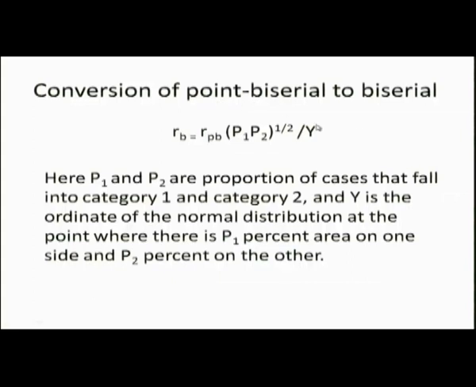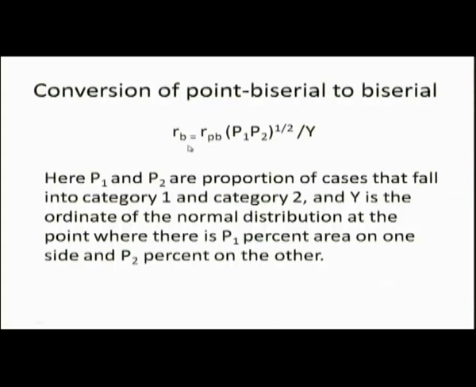Conversion of point biserial to biserial is done by this formula. First you calculate point biserial. In point biserial, as I said, there is a dummy 0, 1 or 1, 2 or 4, 5, usually 0 and 1, and the other variable is numeric. After that, this point biserial is converted to biserial by this formula.